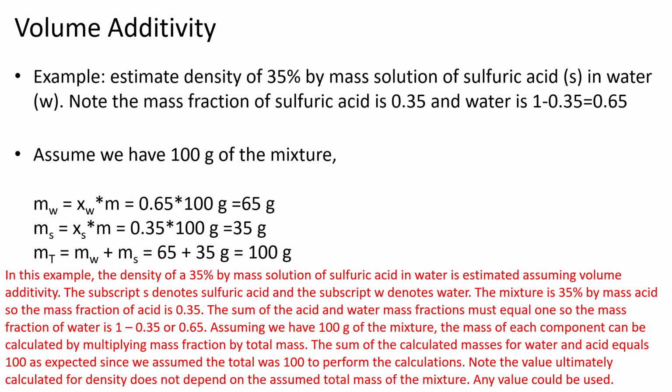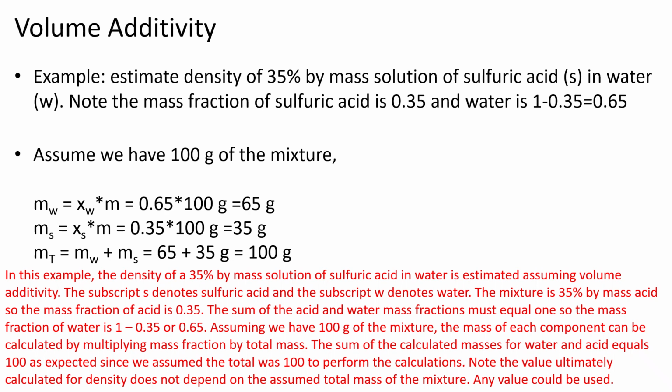In this example, the density of a 35% by mass solution of sulfuric acid in water is estimated assuming volume additivity. The subscript S denotes sulfuric acid, and the subscript W denotes water. The mixture is 35% by mass acid, so the mass fraction of acid is 0.35. The sum of the acid and water mass fractions must equal 1, so the mass fraction of water is 1 minus 0.35, or 0.65.